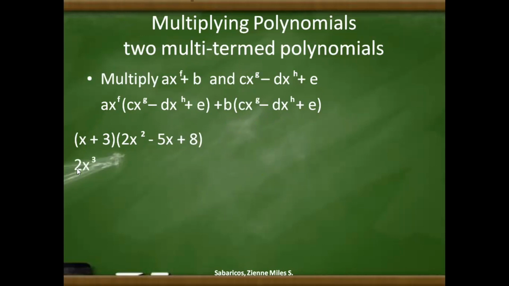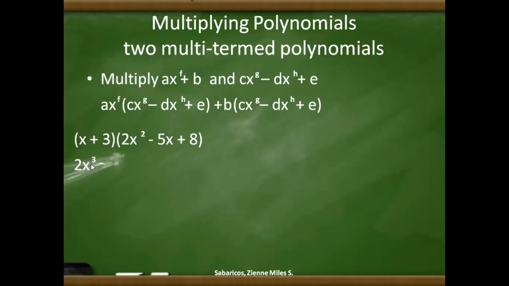So we do, since x times 2x squared. Once again, it does not have a numerical coefficient or a number beside it, so it is 1. 1 times 2 is 2. Now, again, it is understood without an exponent, its exponent is 1. So 1 plus 2 is 3. And you bring down the variable, of course.